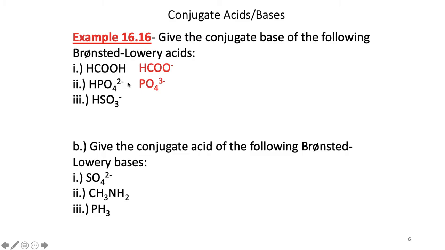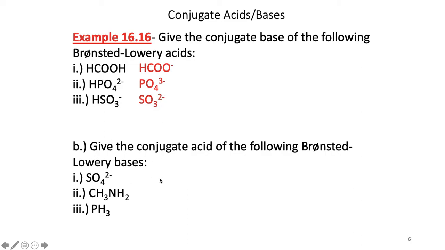So -2 minus 1 makes -3. Let's look at HSO3 minus. I get rid of that hydrogen and I decrease -1 by 1, which makes SO3 2 minus. I decreased it by 1, so -1 minus 1 makes -2.